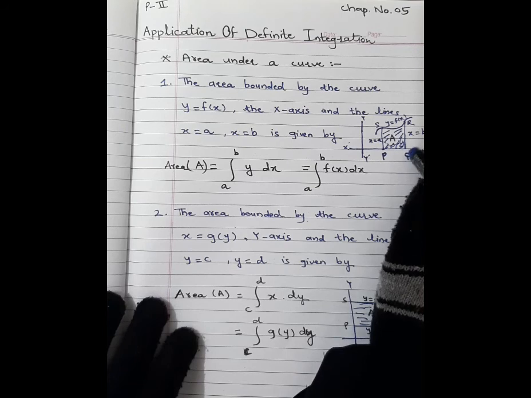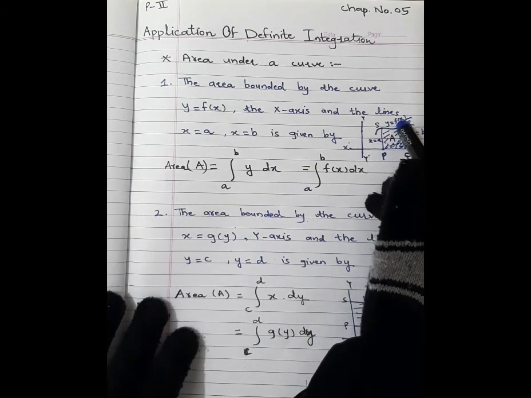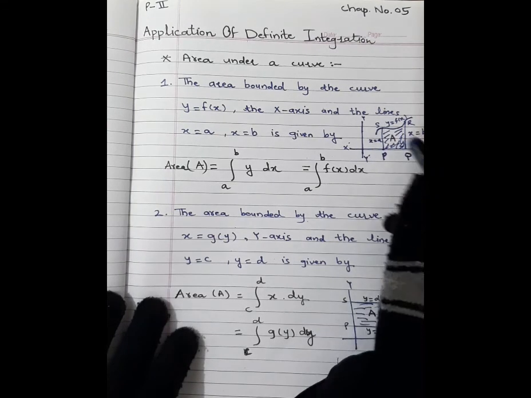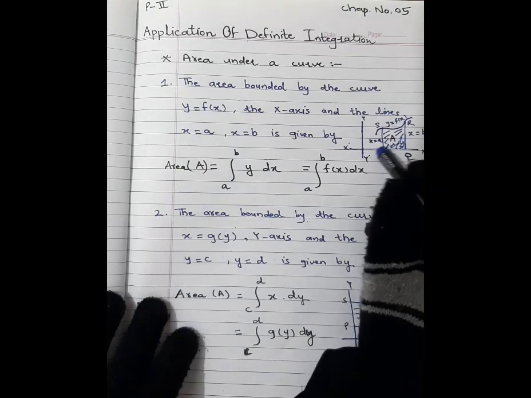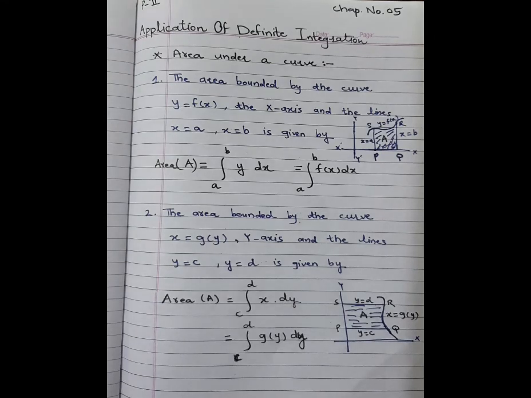We'll find the area of this bounded region, which includes the curve y is equal to f of x, the x-axis and these two lines x is equal to a and x is equal to b.